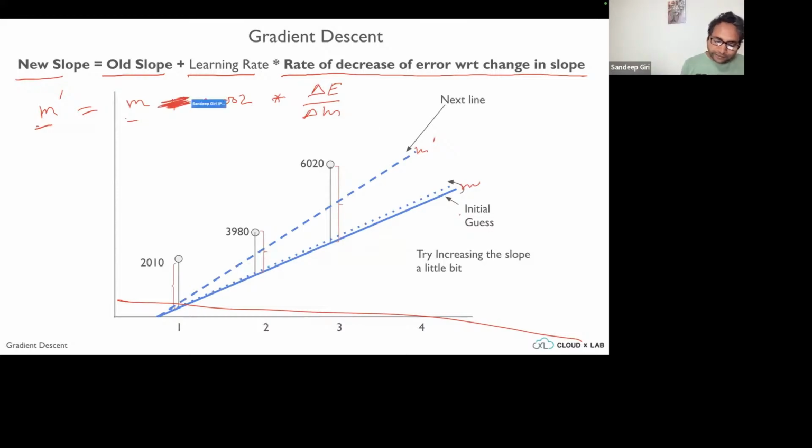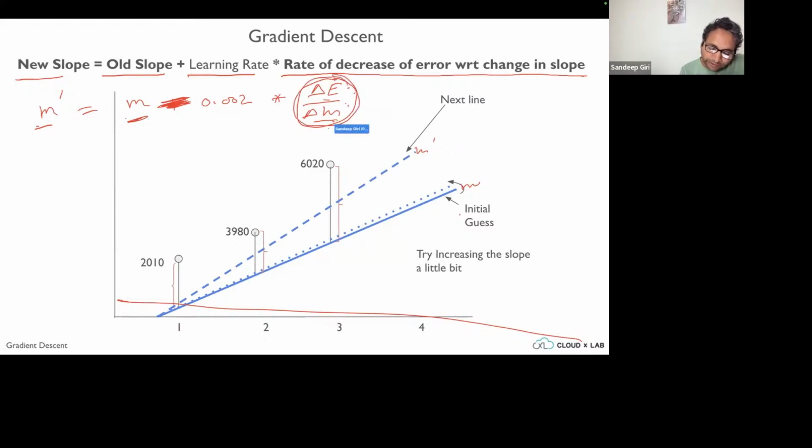If this thing is positive, what does it mean? It means that because of increasing the slope, error is increasing. Therefore, we have to decrease the slope. If this is negative, what does it mean?